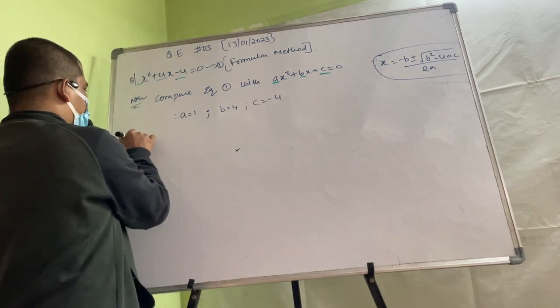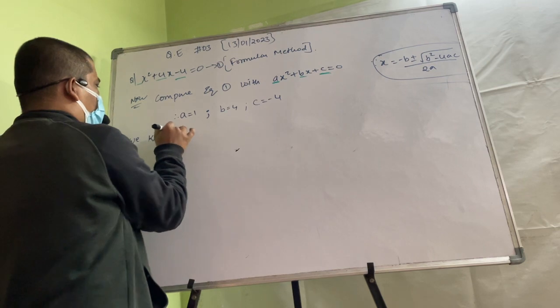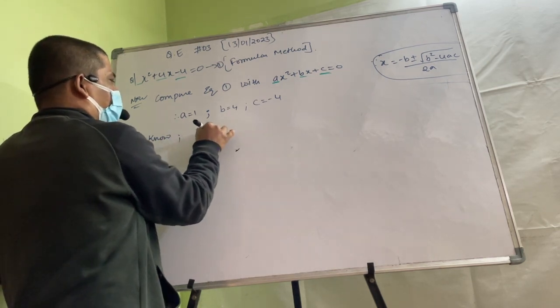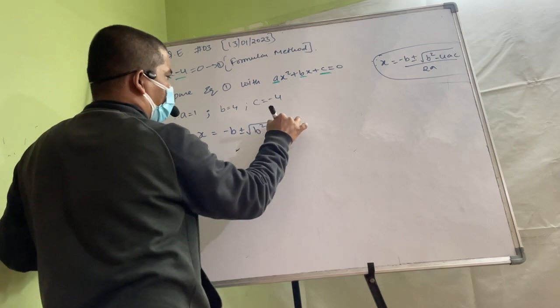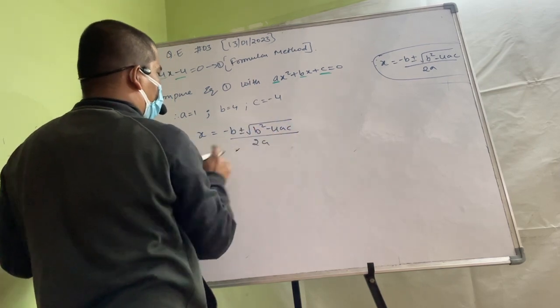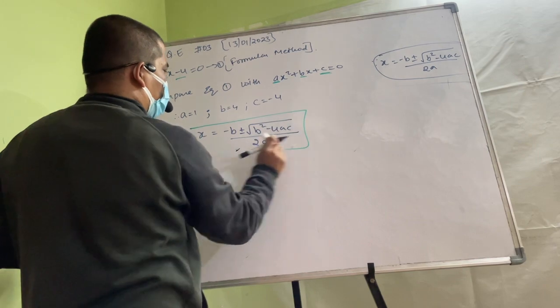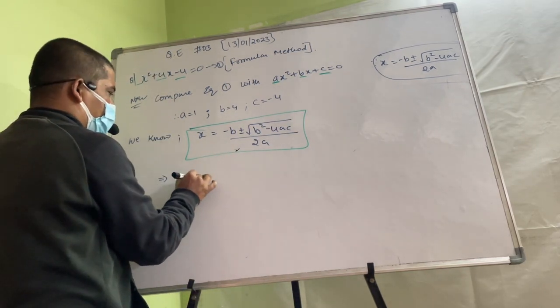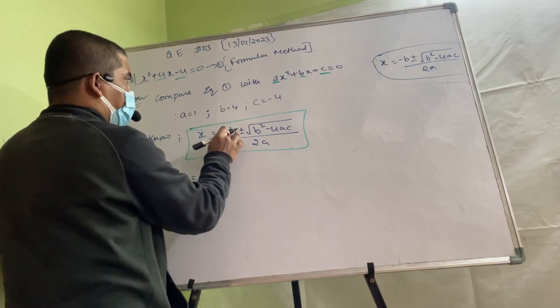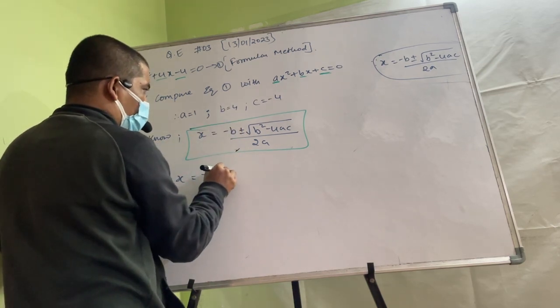So now, we know the formula is x equals minus b plus or minus under root b square minus 4ac, whole divided by 2a. This formula we should use to find out the roots. Right. So x equals minus b, value how much? 4.